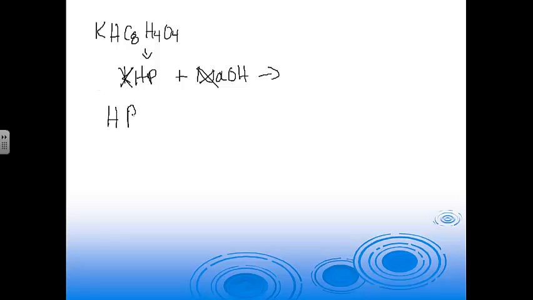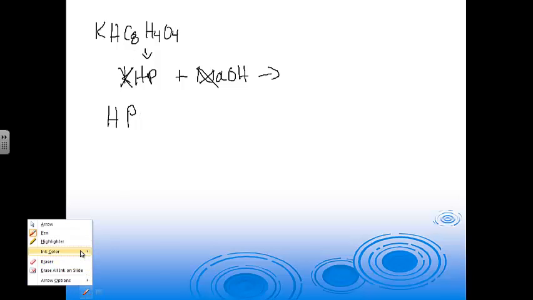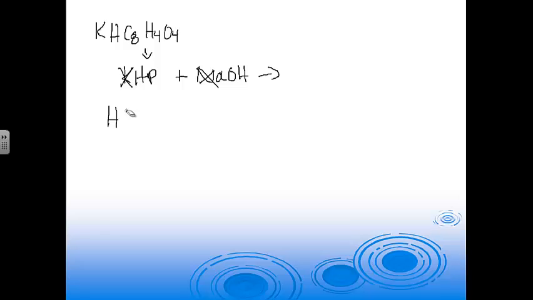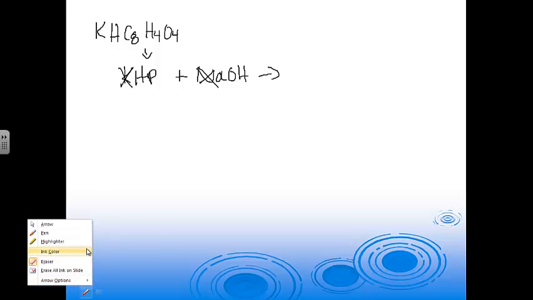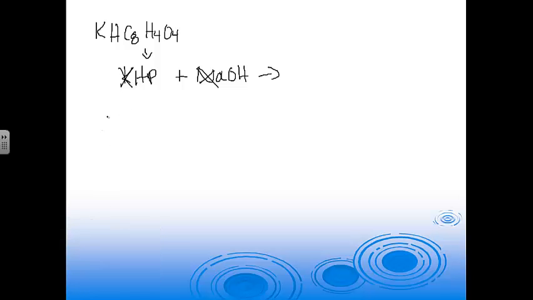So just to show you what that would look like, we have a hydrogen ion and this phthalate, however you want to write it. Maybe I better leave it there for right now so as not to confuse you. If we took off the potassium, we've got HC8H4O4. This whole thing would have a 1- charge because I ripped off the potassium, so there's my reaction.